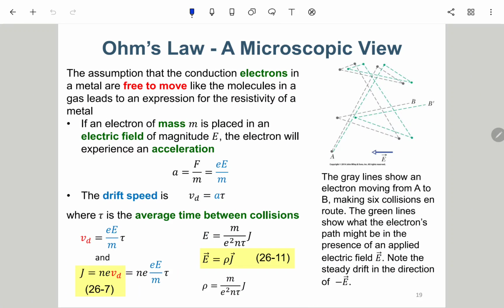So here is Ohm's law in a microscopic view.